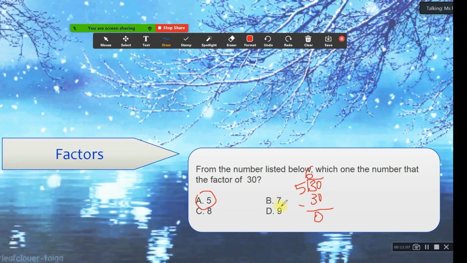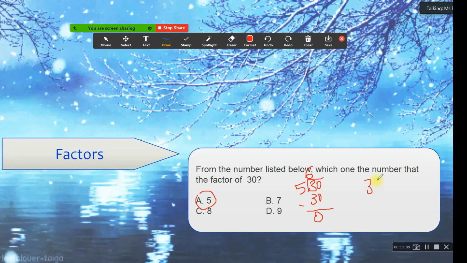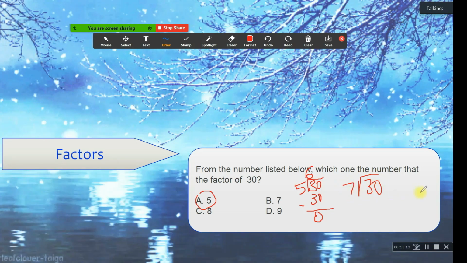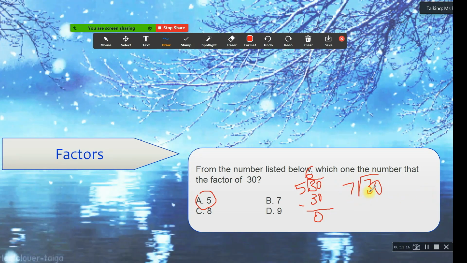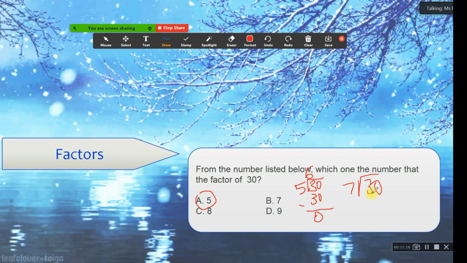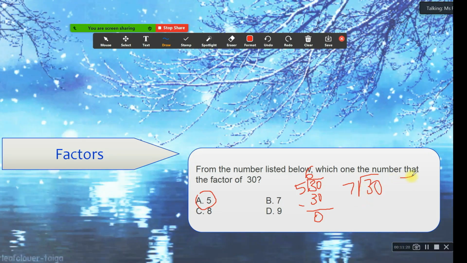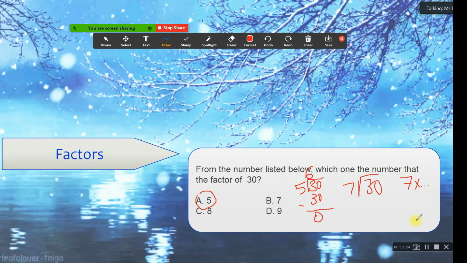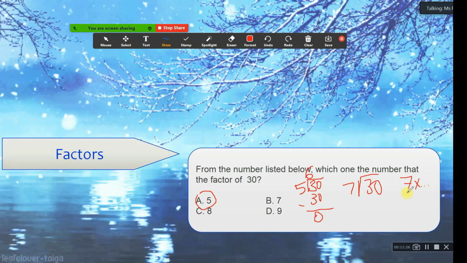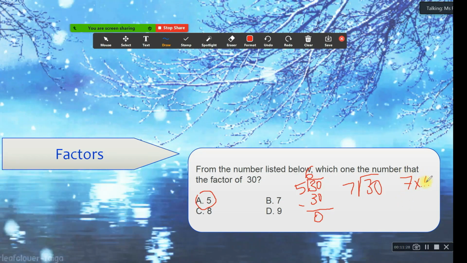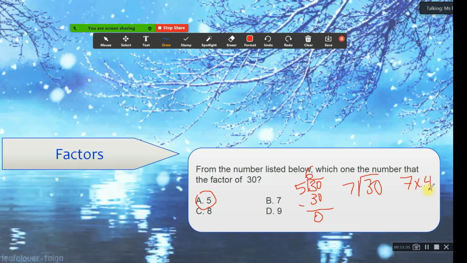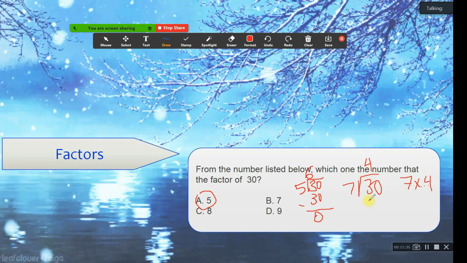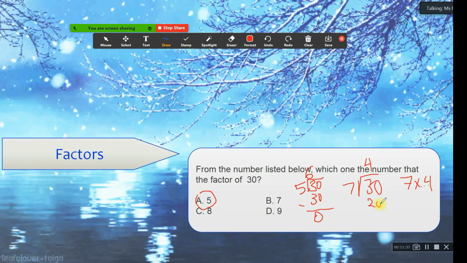How about 7? 30 divided by 7. How many? 7 times blah blah blah. 7 times 4, right? 7 times 4 equals 28.